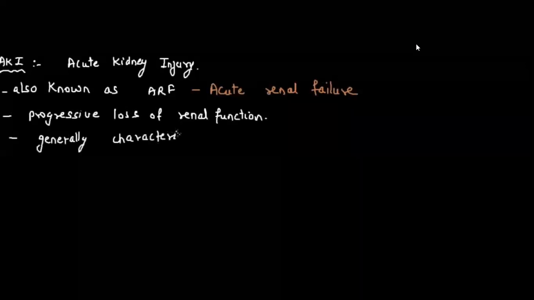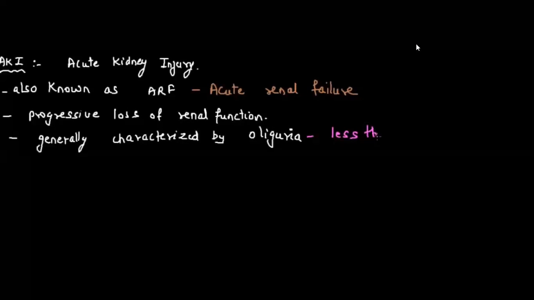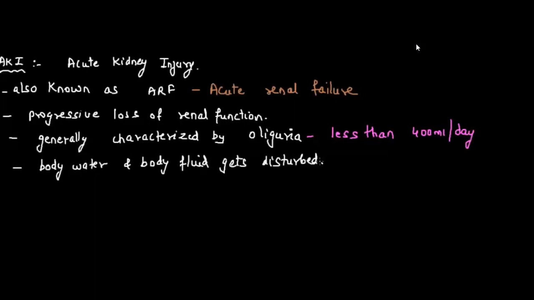Generally, it is characterized by oliguria. What is oliguria? Less urine output, less than 400 ml per day. Body water and body fluid concentration gets disturbed. It means how much salt and how much water has to be there in the blood.